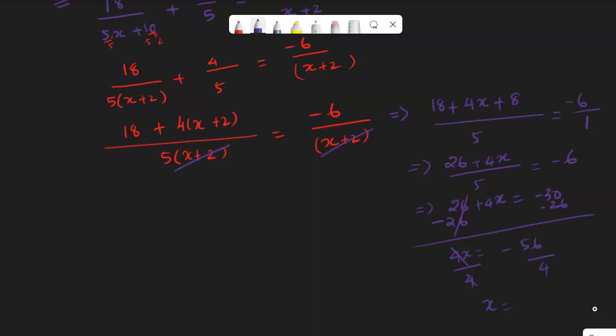How many groups of 4 makes 56? Divide 56 by 4 and the answer is 14. But in this problem the numerator is negative, so the answer is negative 14. Here I use the sign rule: negative over positive is negative. That is why x is equal to negative 14 as the solution.